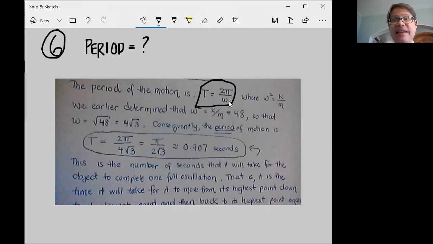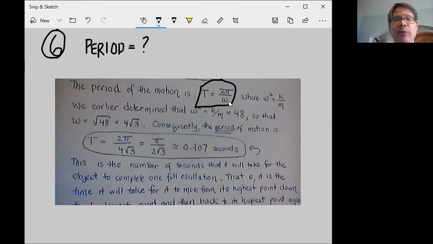The formula says that your period will always be 2 pi divided by that omega value. So in this case, it's going to be 2 pi divided by 4 times the square root of 3, or pi divided by 2 times the square root of 3. 2 times the square root of 3 is about 3.4, just slightly more than pi.